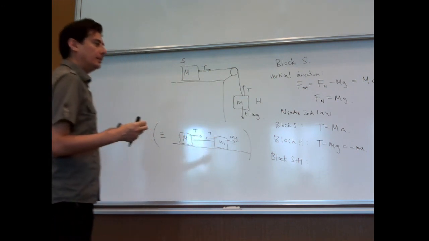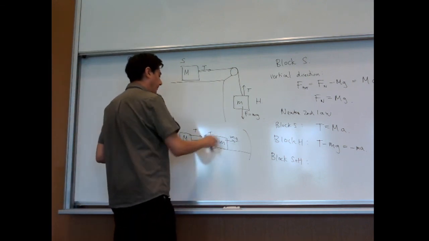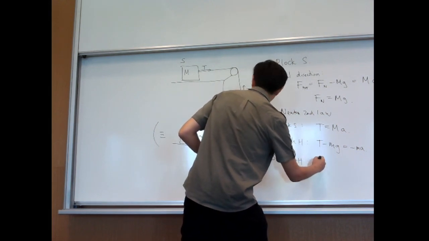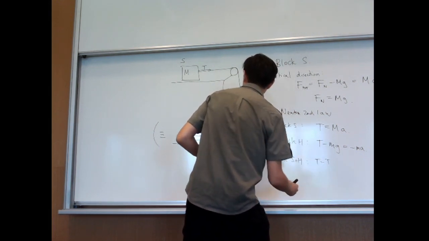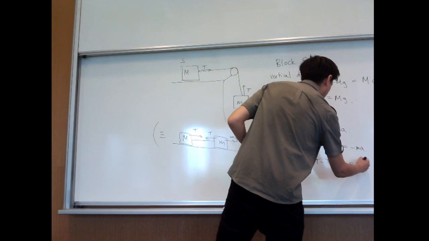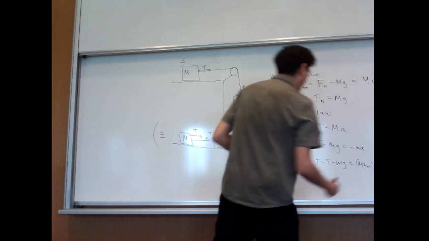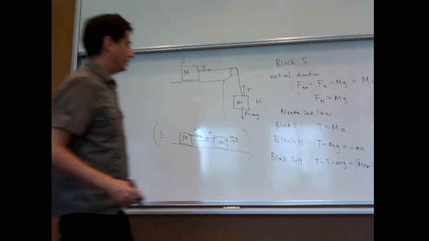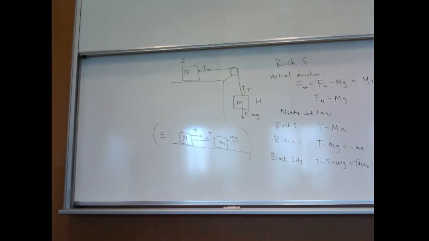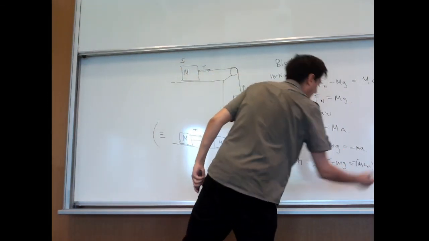So this doesn't actually provide a movement in terms of the combined system. So this one would be T minus mg is equal to big M plus m, because it's a combined system, times A, and it's down, so we better put a minus sign there. Okay. And because we're not given what the tension of the rope is, this is the equation that you want to use.